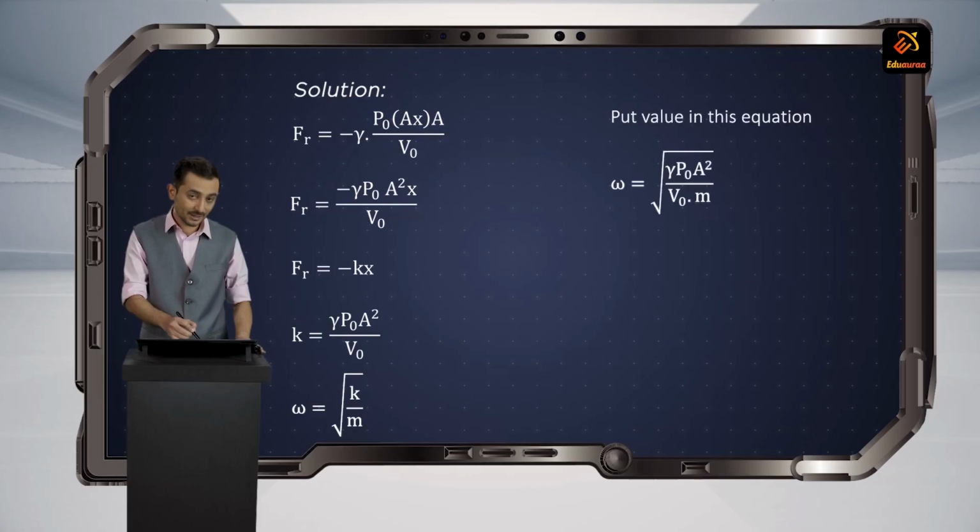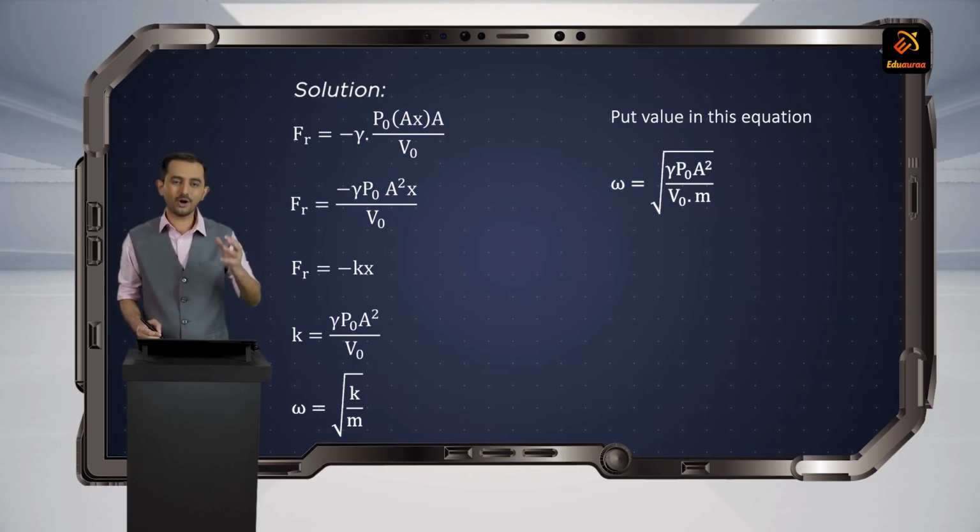So students, the formula of K looks like gamma into P naught into area squared, the whole upon V naught, multiplied by mass, which will remain as it is in the denominator. So we got the formula of omega. Omega equals under root of gamma into P naught into A squared, the whole upon V naught times M. We need the formula for frequency, students.